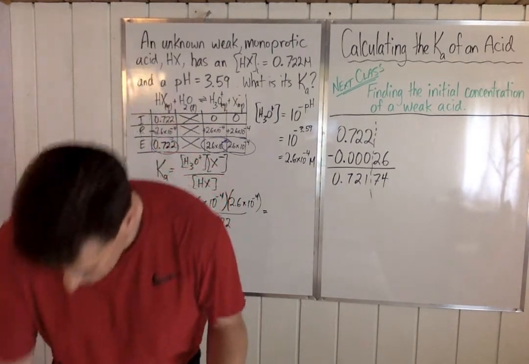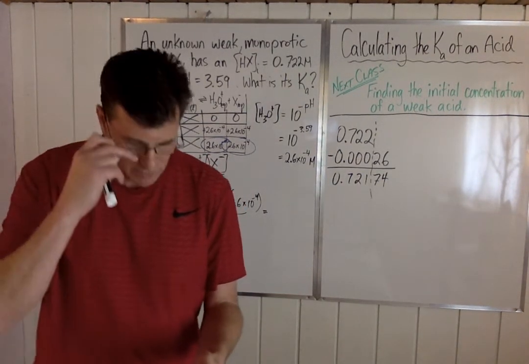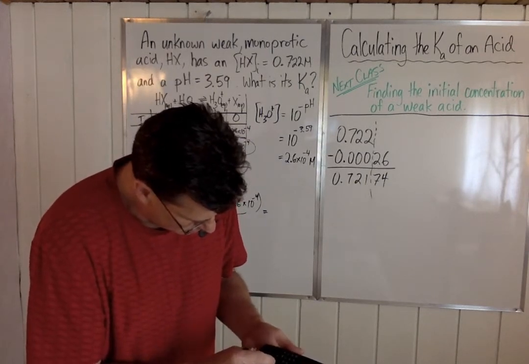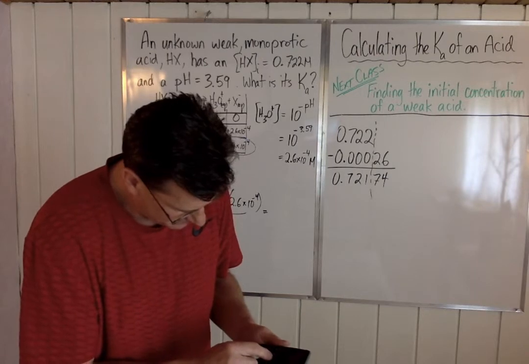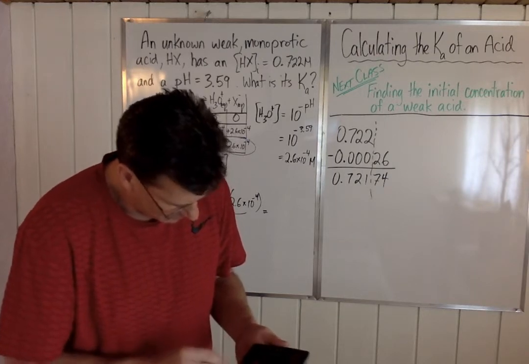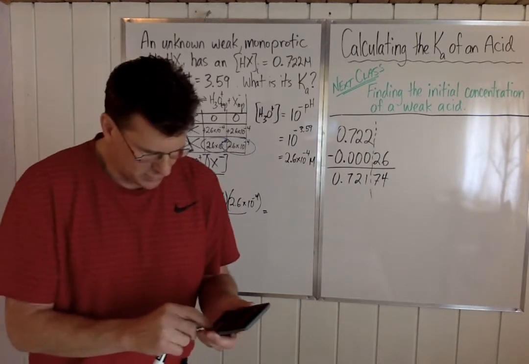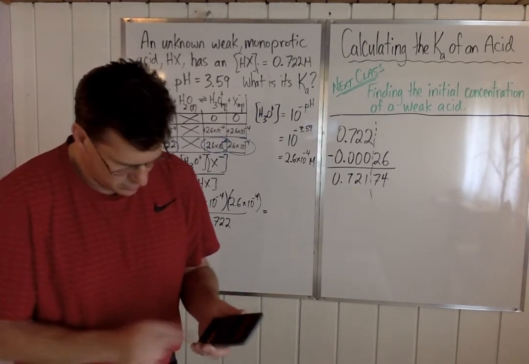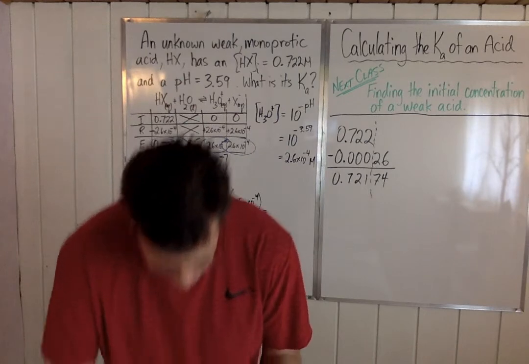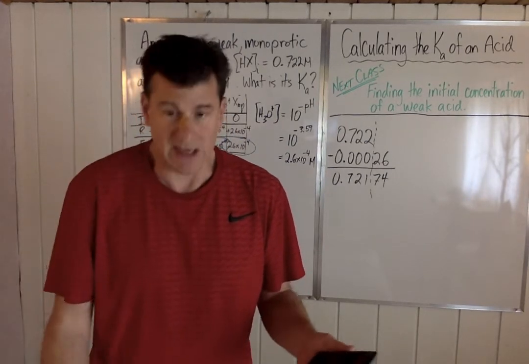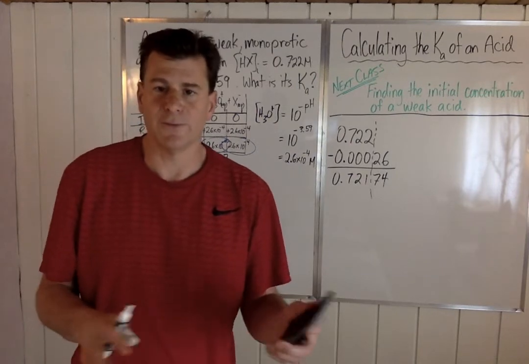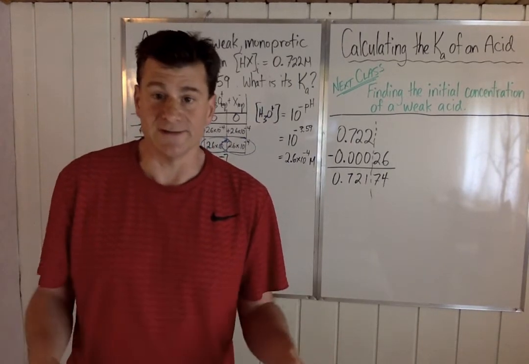So now I'm going to square that value. Then I'm going to divide by 0.722, and I get, now it may not make a speck of difference, right? I might have gone through all of that for no reason.